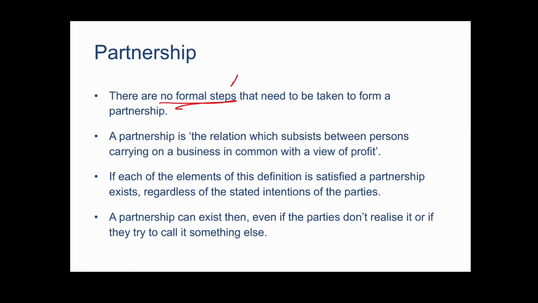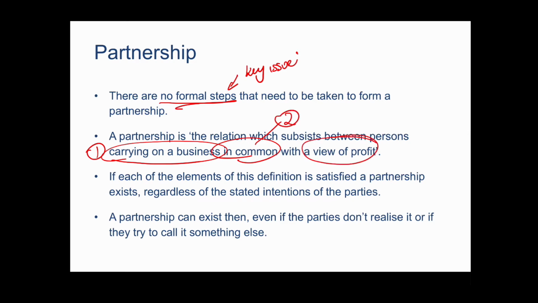Now, you don't need to take any formal steps to enter partnership. All that you require for a partnership is for people to be carrying on a business in common with a view to a profit. Okay, they're the elements of what we need. If these elements are satisfied, we have a partnership regardless of the stated intentions of the parties.